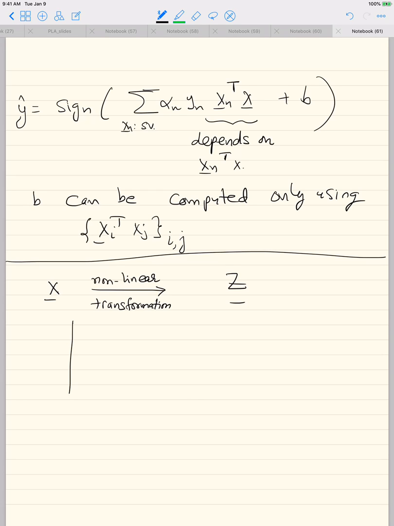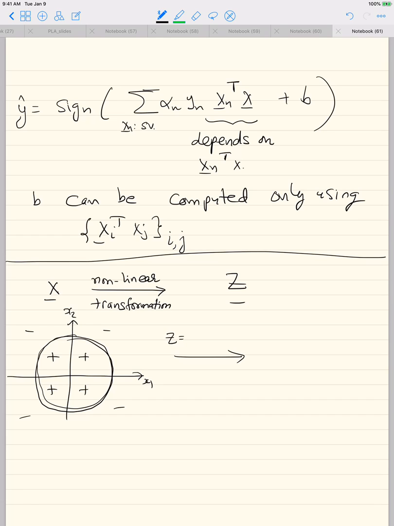If you recall, one of the standard examples we had done before is, if you have, say, a data set that looks like this, and we want to draw a circle as our classification boundary, then what we will do is, so this is x1, x2, we'll set z to be maybe x1 squared and x2 squared, and then the data set suddenly becomes separable in the z space.